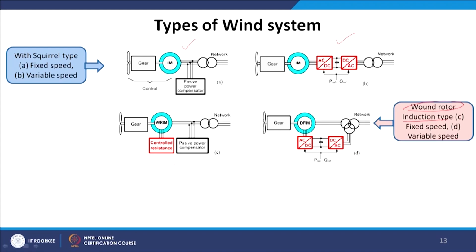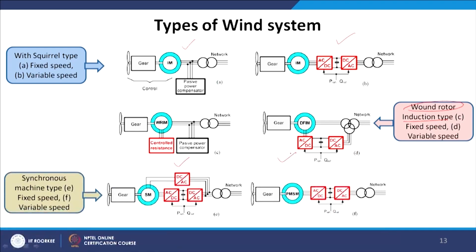Again, this is fixed speed and variable speed type representation, and the third one we have synchronous machine type, where we have fixed speed and variable speed. So, those 6 architectures, any one of them can be used as a wind power plant architecture for us, depending upon variable as well as fixed speed type.